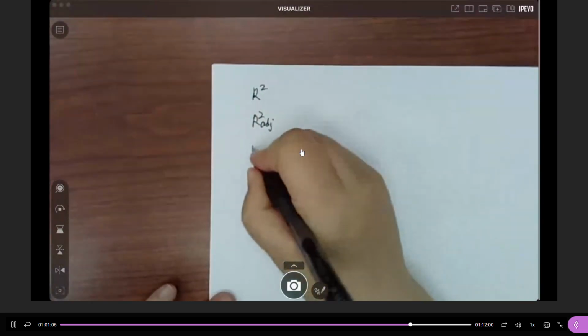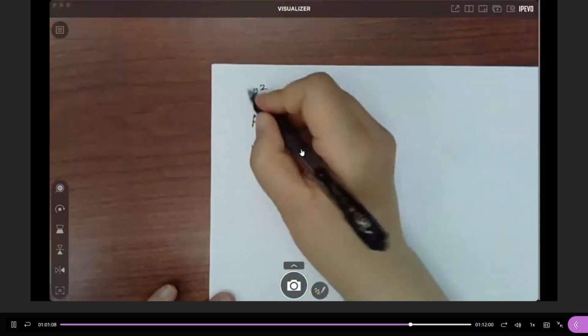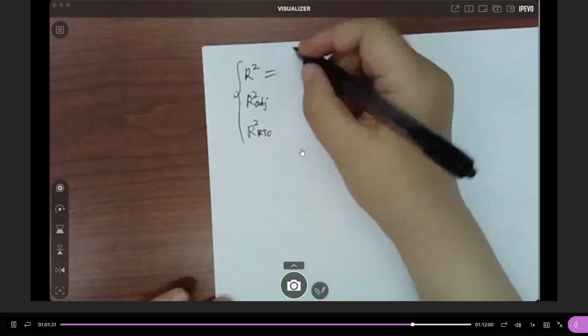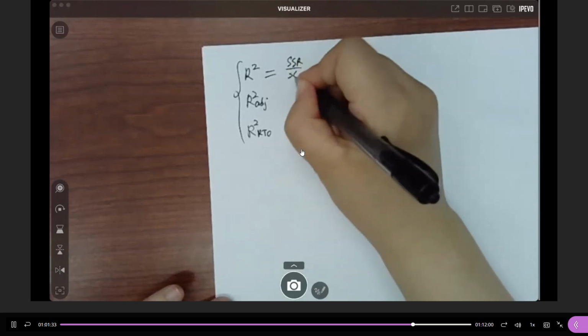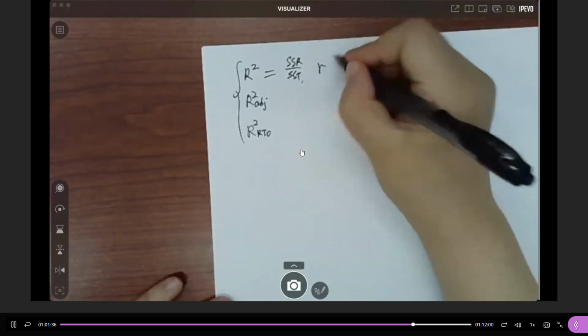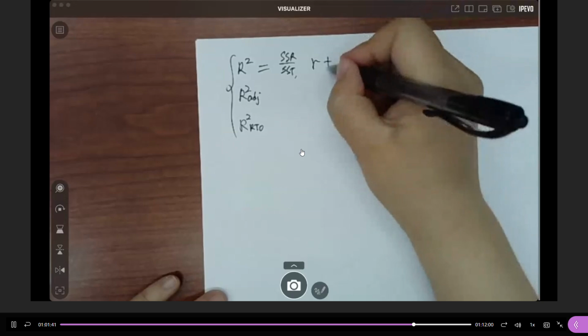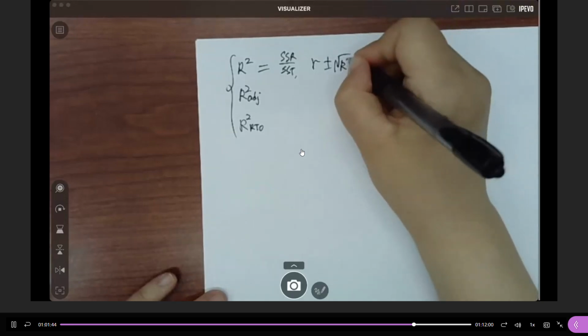All right, so don't get confused with another R. So far we have found the common R's. We have your regular R squared, we have R squared adjusted, and we also have the R correlation. For the regular R squared, we define it as SSR over SST.